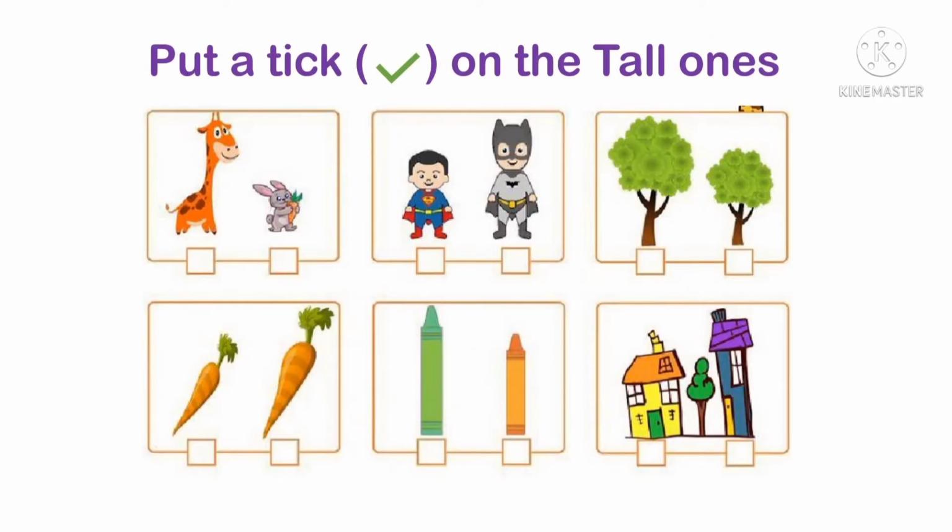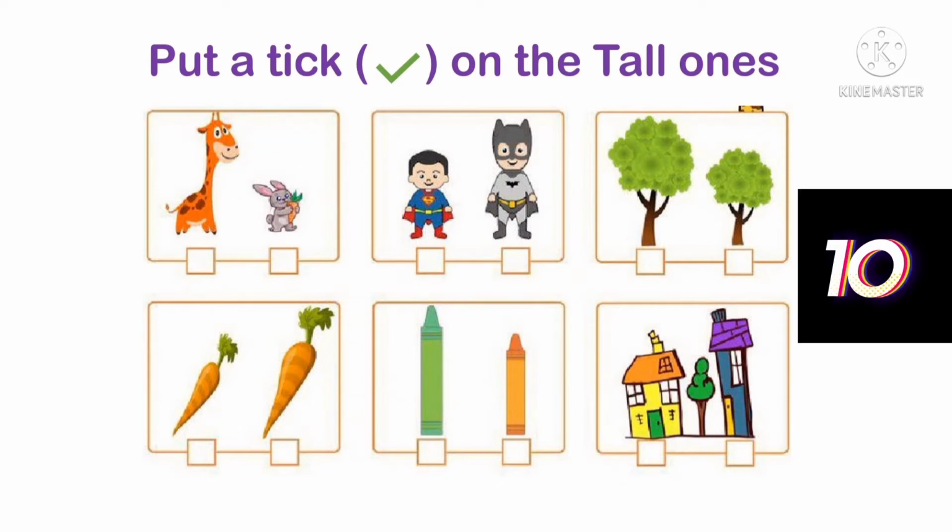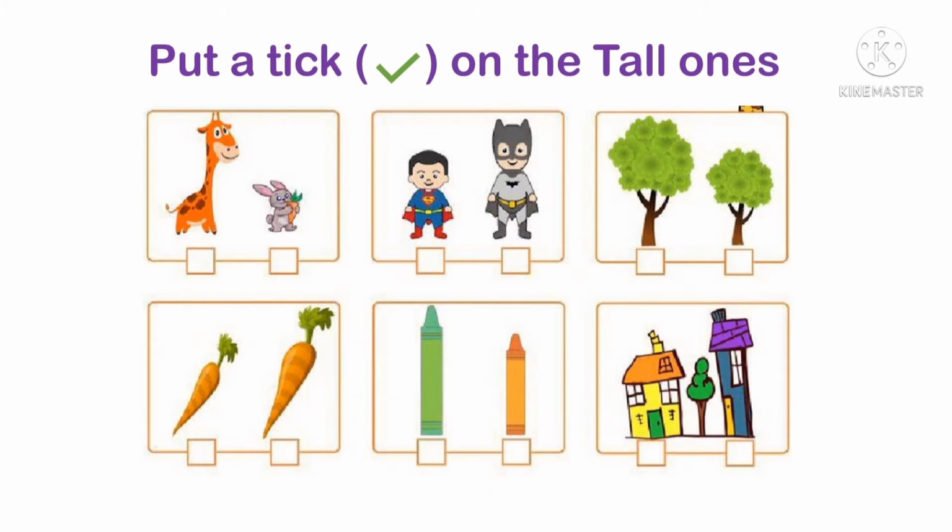Tick the tall ones in these pictures. Giraffe, Batman, first tree, second carrot, green crayon, and the blue house.